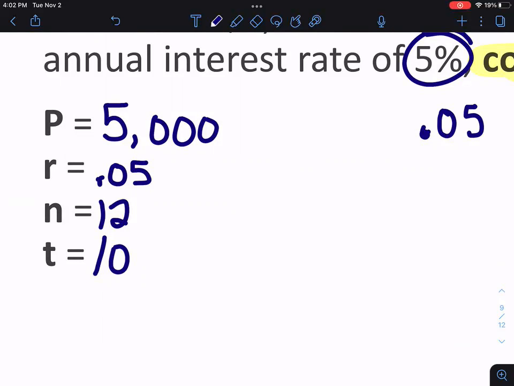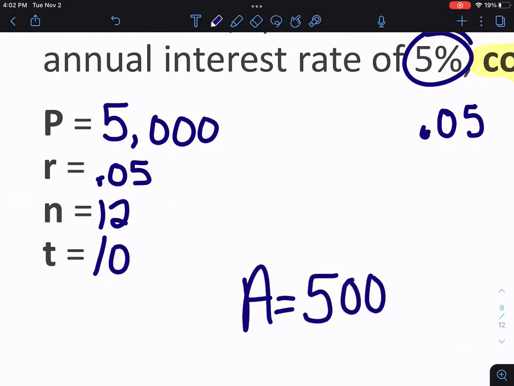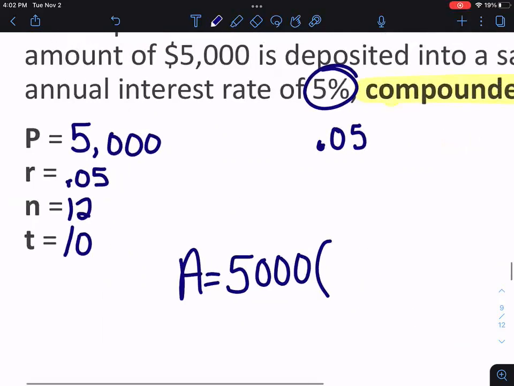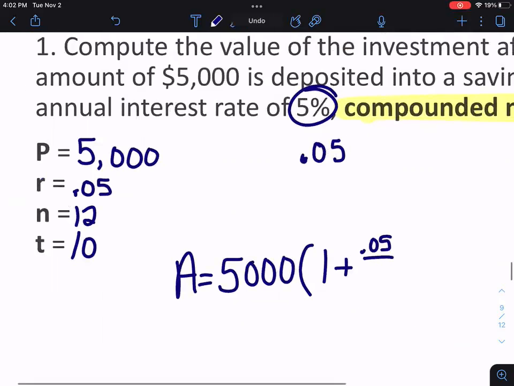So here's all of our information. We're going to plug it into that formula. A equals the principal amount, 5,000, times parenthesis 1 plus the rate divided by the number of times it's compounded per year, N, which I should replace with 12. And then your exponent is going to be 10 times 12.